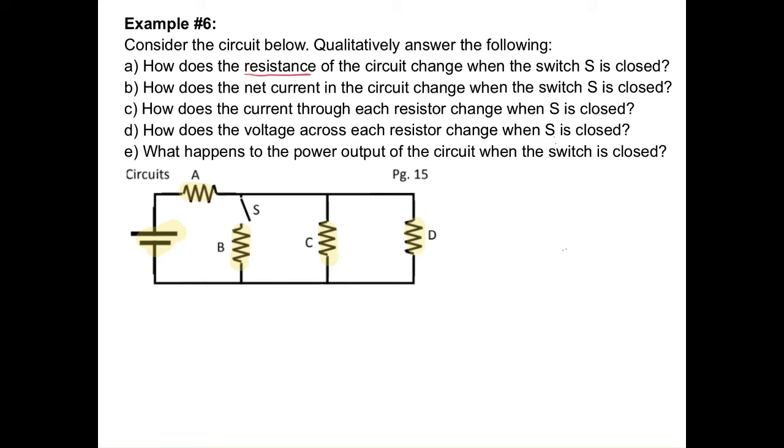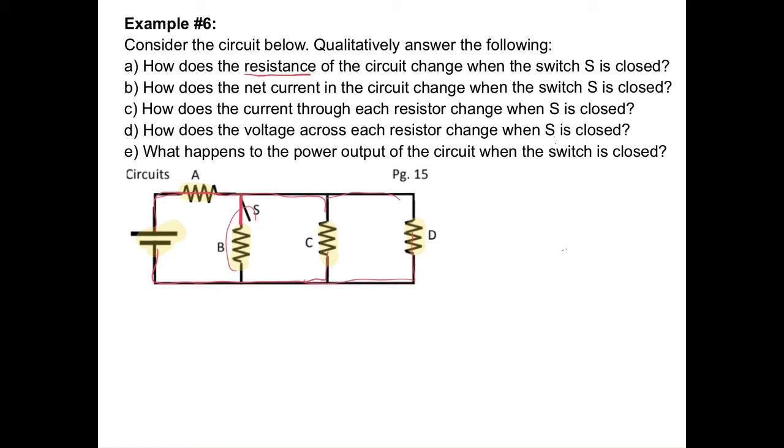Now, before it's closed, the current goes from the positive, through A, it doesn't go through B, then it splits and goes through C and D, and then it comes back together and goes back to the battery. And so when we close that switch, after the current goes through A, it now goes through B, C, or D. So essentially we've added in another resistor in parallel.